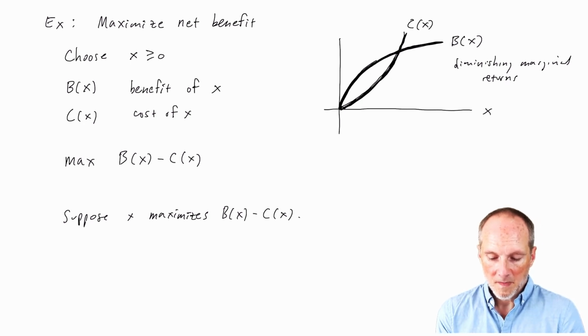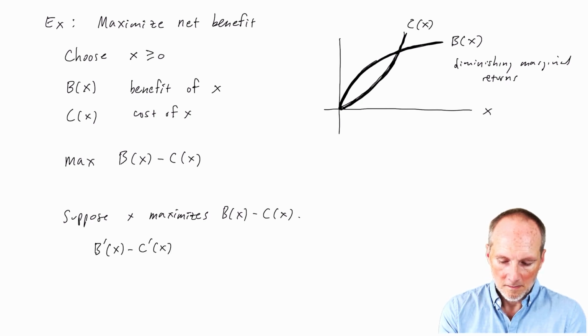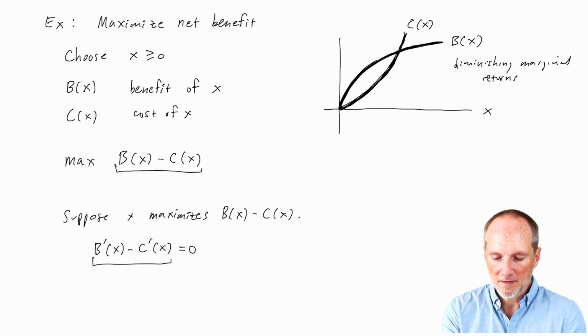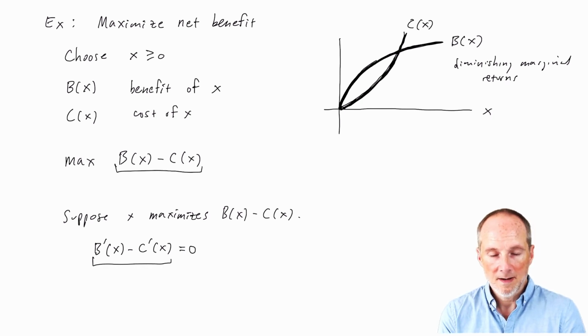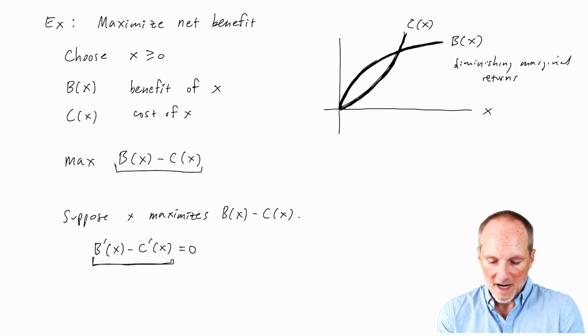All right. So there's a little bit involved here, but that boils down to this expression here. On the left-hand side, we have the derivative of this net benefit function. And if x is the optimal scale, that derivative has to equal 0. Okay.